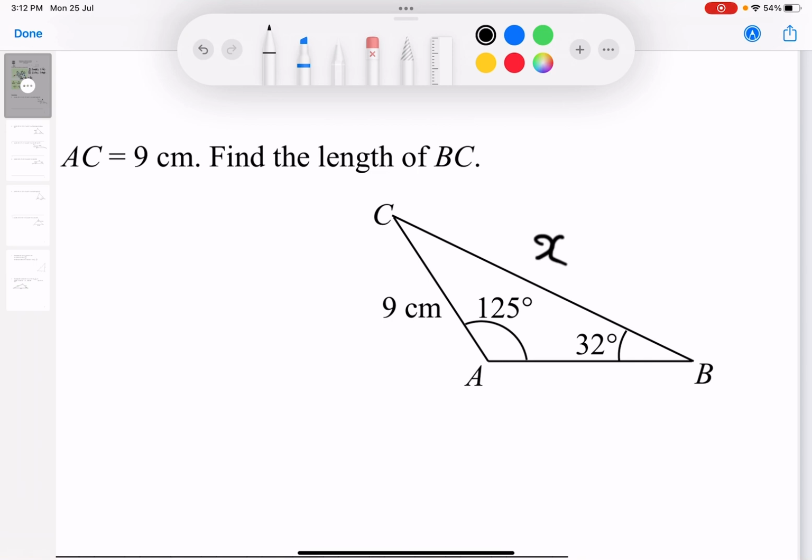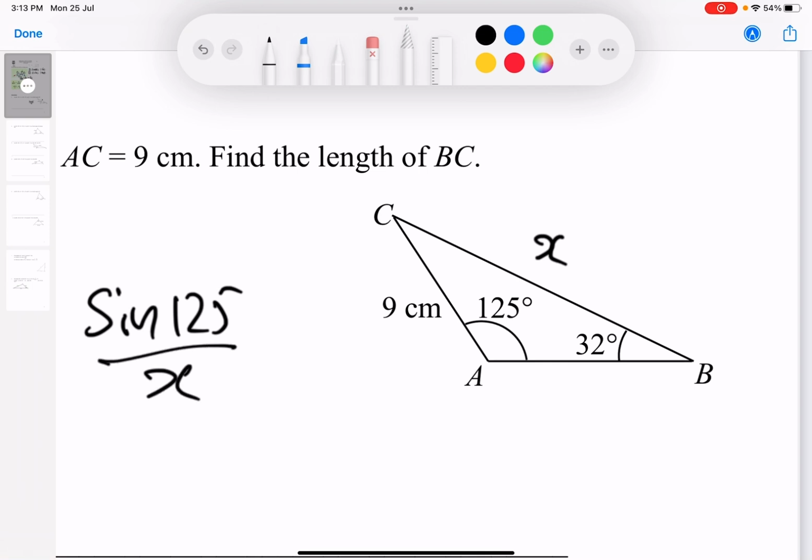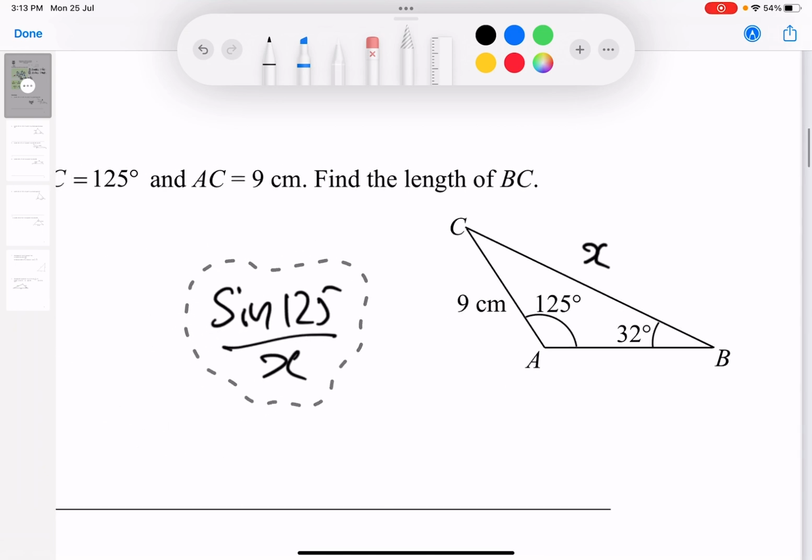I can take the sine of this angle, which is 125. Please write down along with me. I'll take the sine of 125 and look opposite of it. So this sine 125 and this x will form a pair. So it will be sine 125 divided by x is equal to what?